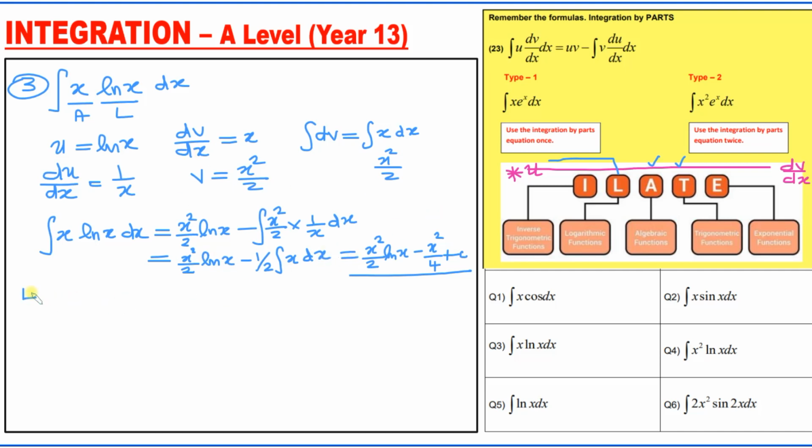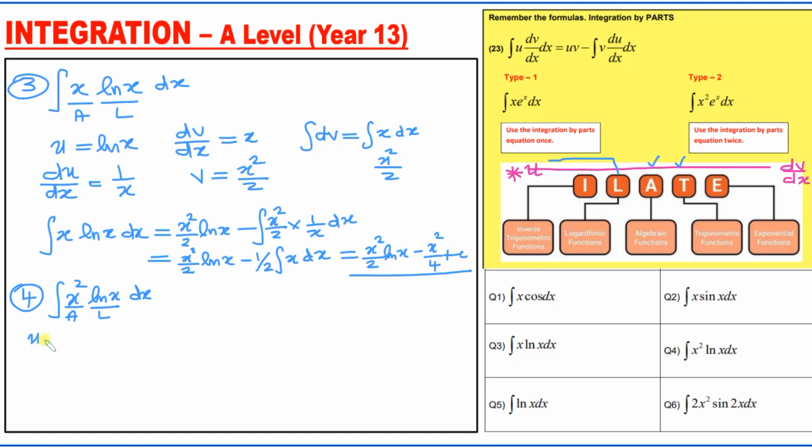And now I'm going to do question number 4, because there's a connection between question number 3 and question number 4. Now question number 4 is integrating x squared ln x. So the principle, like the concept, is the same. So this is the logarithm function, and this is the algebraic function.